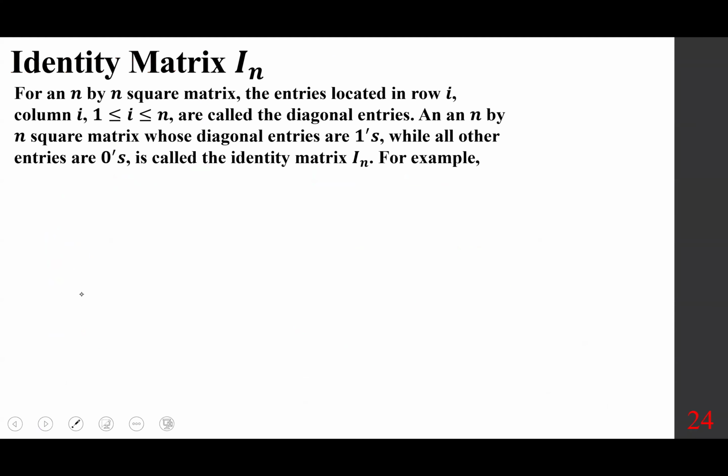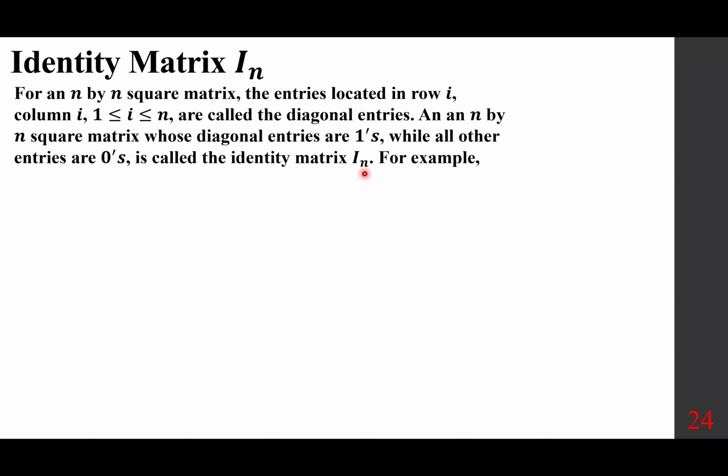All right, the last thing I want to mention is the identity matrix. For an n by n square matrix, the entries located in row i, column i, where i is between 1 and n, are called the diagonal entries. An n by n square matrix whose diagonal entries are ones, while all other entries are zeros, is called an identity matrix I sub n.